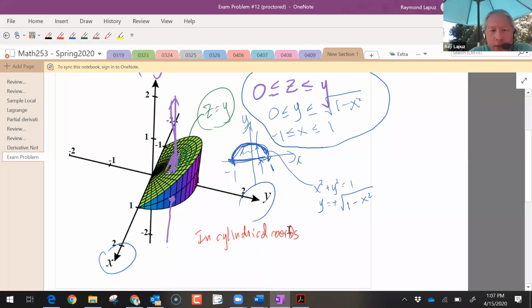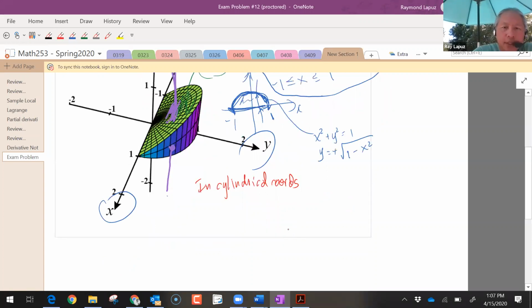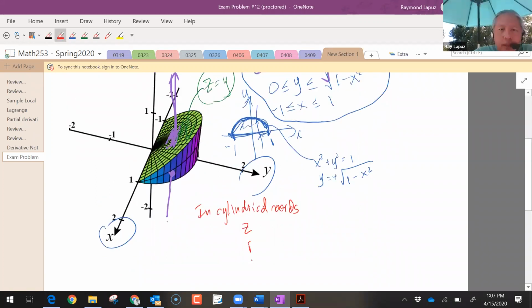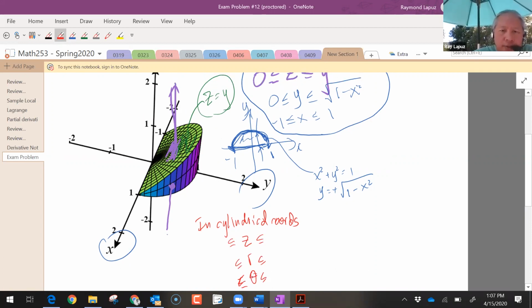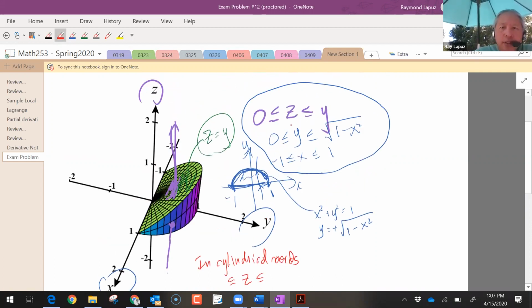In cylindrical coordinates, you're going to have a z, an r, and a theta. The z is going to be the same thing as in Cartesian coordinates, except you need to change your x's and y's into r's and thetas.